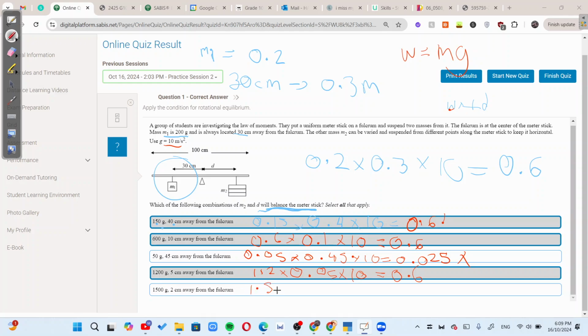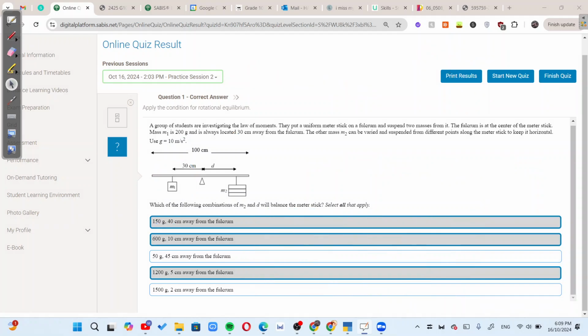So 1.5 times 0.02 times 10 equals 0.3. That's supposed to be a 3, guys. I don't know what happened to my pen. Anyways, we can only choose the ones that are 0.6, which is this one and this one. These two are wrong. Now let's go on to the next question.